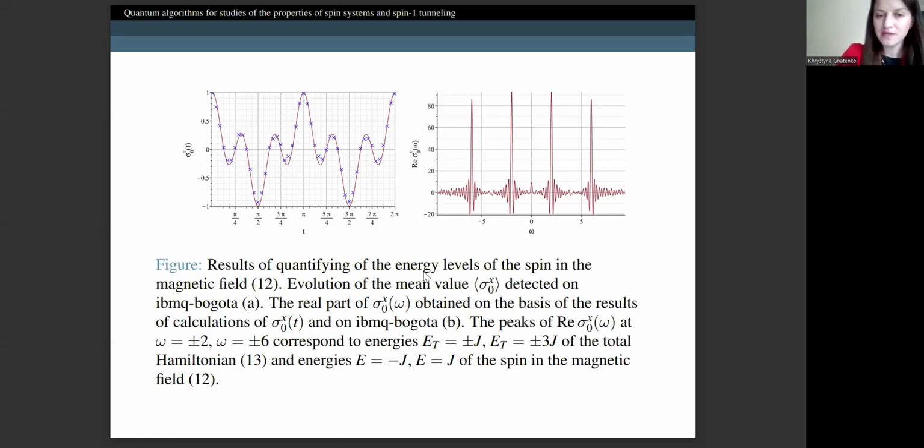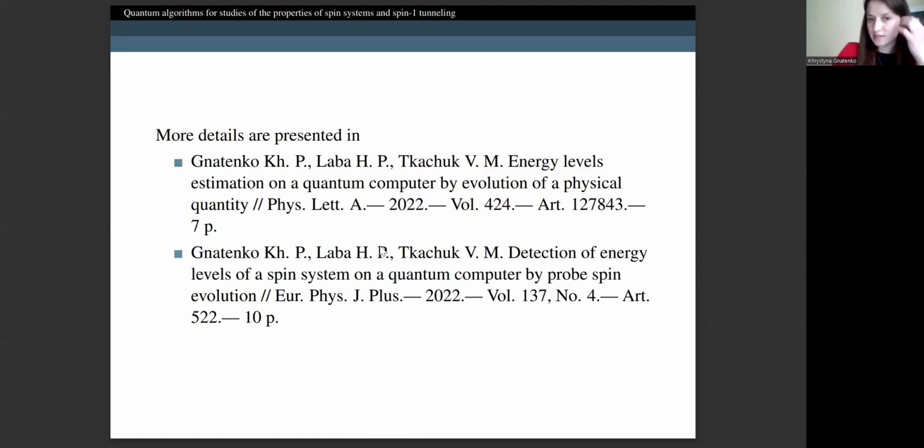So the method is quite good even for studies of the energy levels of spin systems on our recent quantum devices which already exist. If you are interested in details or other results, because I present just a few examples, please consider these papers. These papers were published, and the results were obtained together with Professor Tkachuk, Hanna Lab.